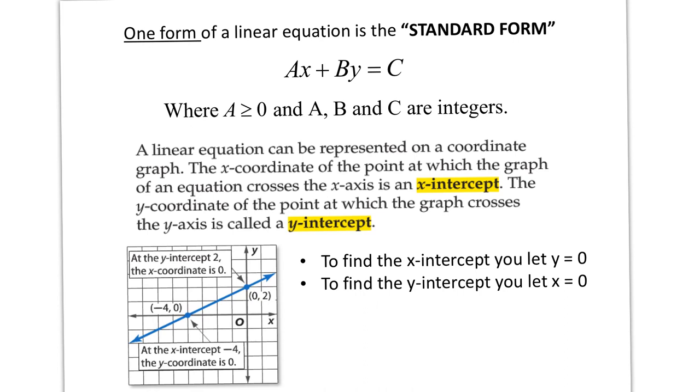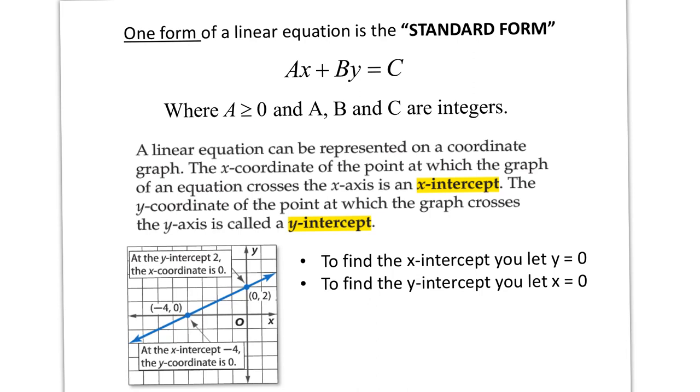Standard form looks like this: Ax plus By equals C. A, B, and C are integers, which means they can be negative or positive, but they're not fractions and they're not decimals. Now, here's the thing though. A has to be greater than or equal to 0.